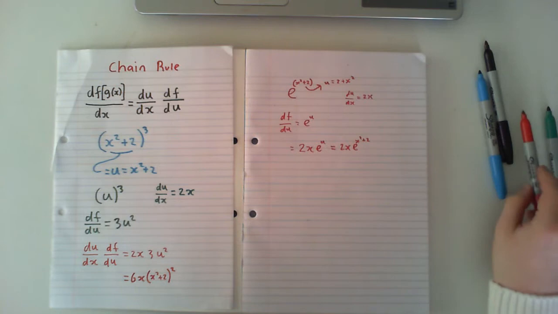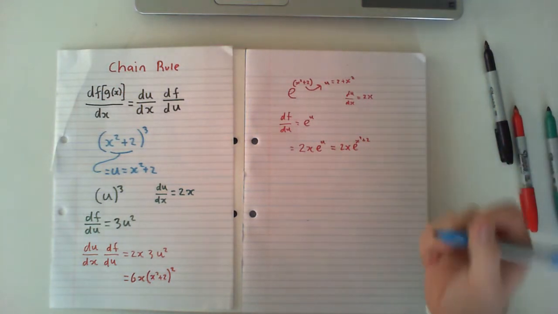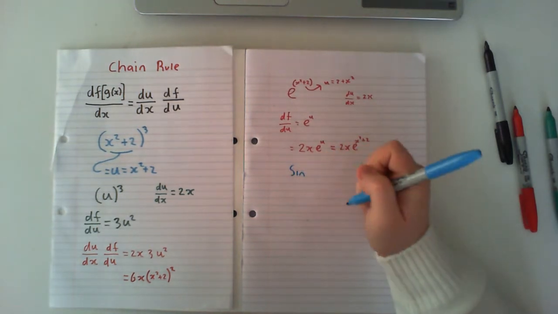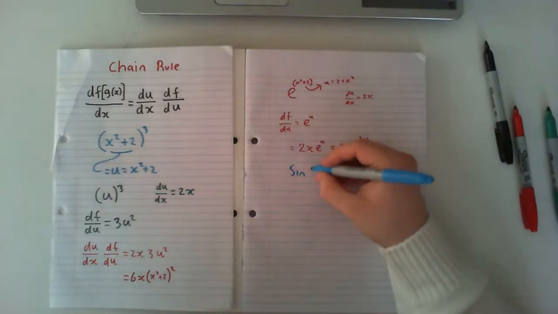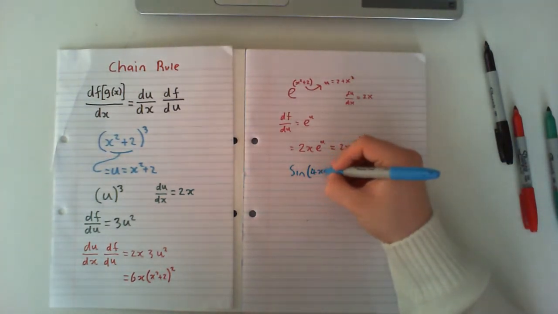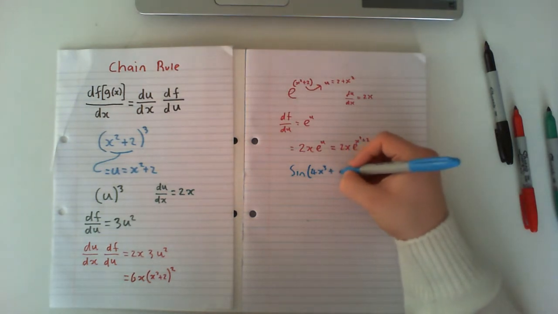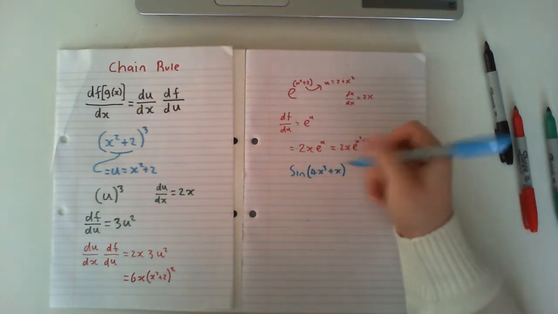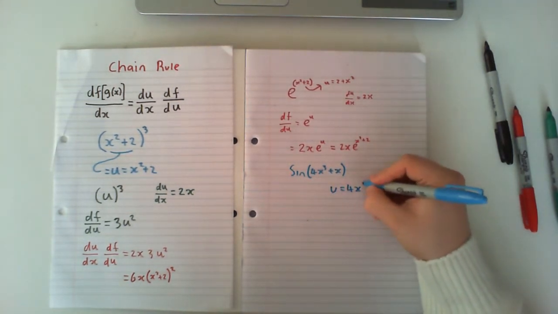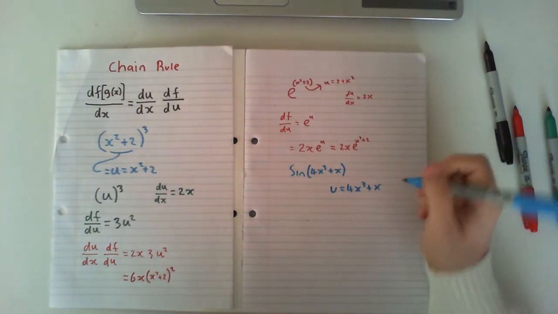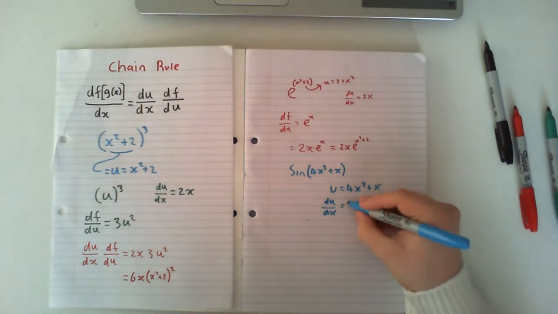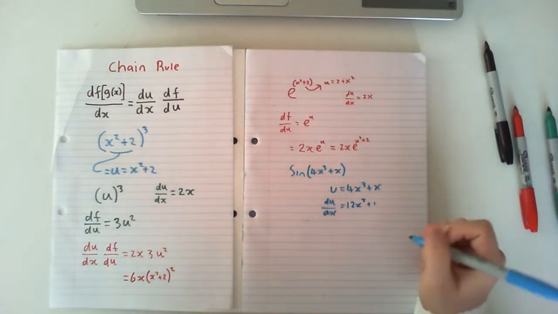And finally, we'll do one more example, and we'll say if we have sine of 4x cubed plus x. Now our u is going to be equal to, you must be getting this by now, 4x cubed plus x. Our du by dx is then equal to 12x squared plus 1.